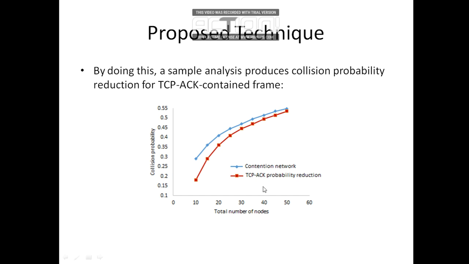The probability of collision for the frame containing TCP acknowledgement is reduced by at most 50% for the number of users 10, and quite closer to the initial network for increasing number of nodes.